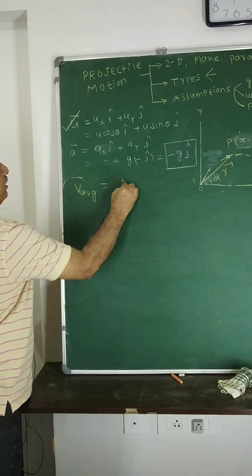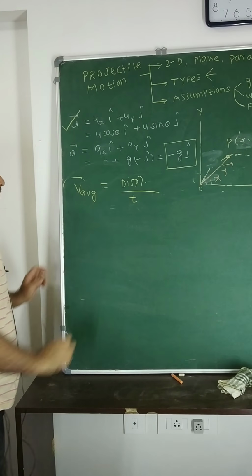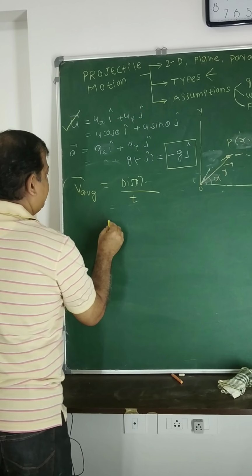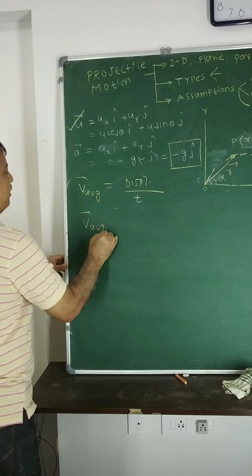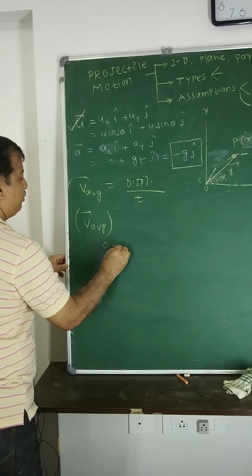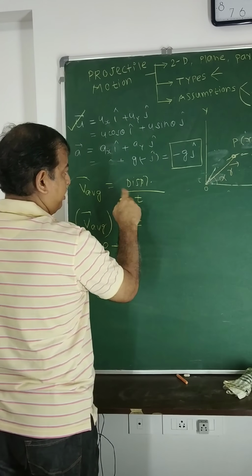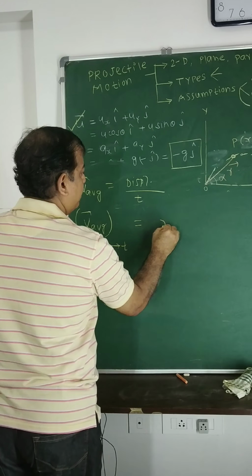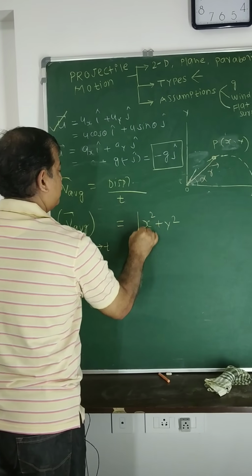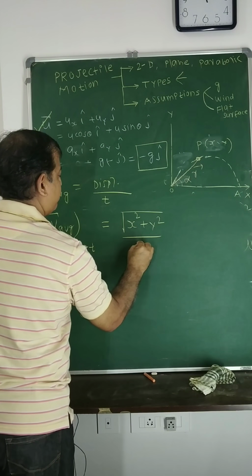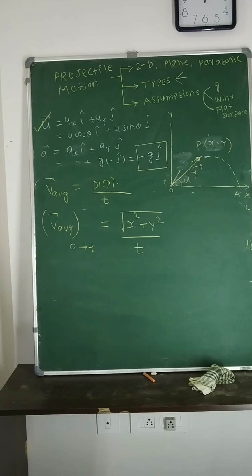Average velocity is nothing but displacement divided by time. Now in case of projectile motion, if I am interested in calculating average velocity between 0 and t seconds, that means I have to calculate displacement between 0 and t seconds, and remember, the 0 to t second displacement is already calculated here. So root under x square plus y square divided by t. So this is the value of average velocity.